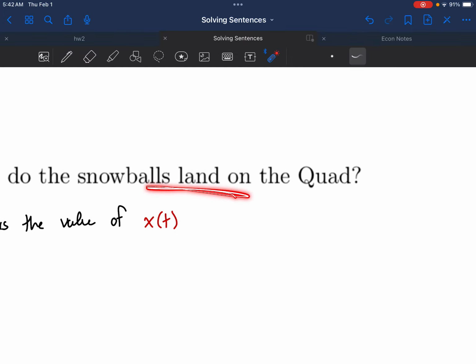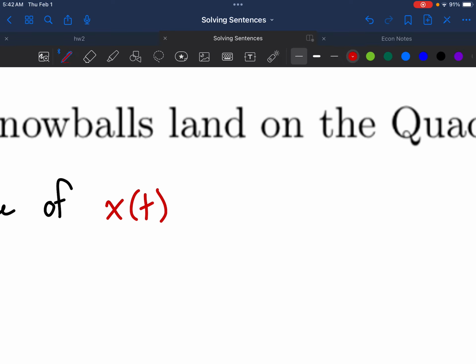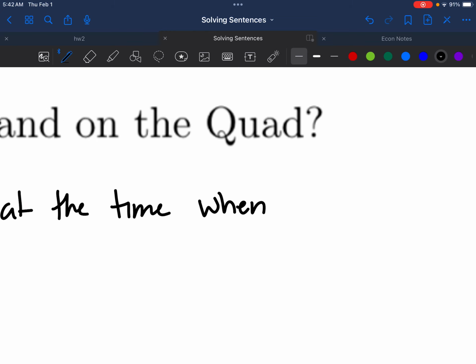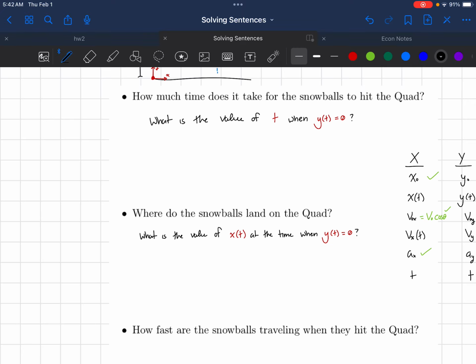And how do I know that they have landed? Same thing as before, at the time when y of t is 0. So I would solve for the time when y of t equals 0 up here.